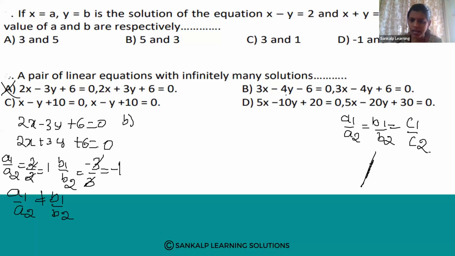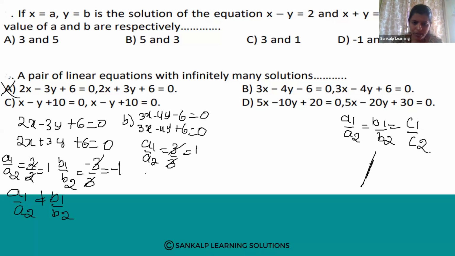Okay. Next one, option B. 3x minus 4y minus 6 equal to 0 and 3x minus 4y plus 6 equal to 0. A1 divided by A2, 3 divided by 3, 3 and 3 will get cancelled, 1 remains. B1 divided by B2, minus 4 and minus 4, 4 and 4 will get cancelled, 1 remains.